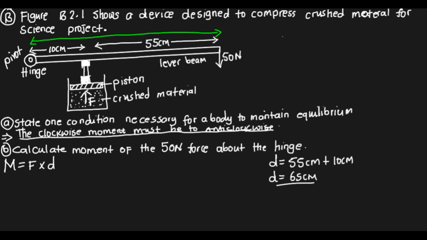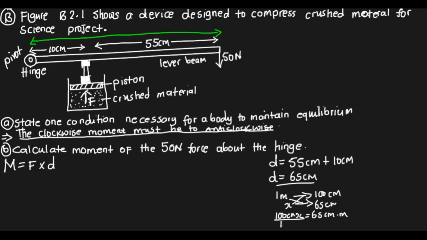Now let's convert this centimeter into meters. So we know that 1 meter is equal to 100 centimeters. So here we are going to put 65 centimeters. Here x, we will cross multiply. So 100 centimeters times x is 100 centimeters x. Then 65 centimeters, then meter.